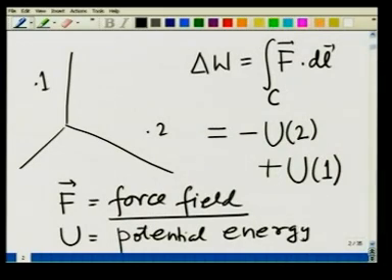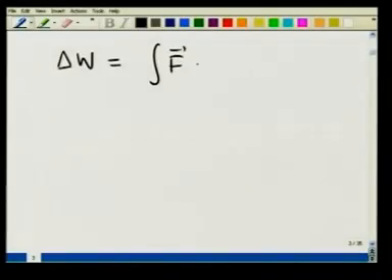This is similar to the definition that I already used once, but now we are trying to go into three-dimensional cases.